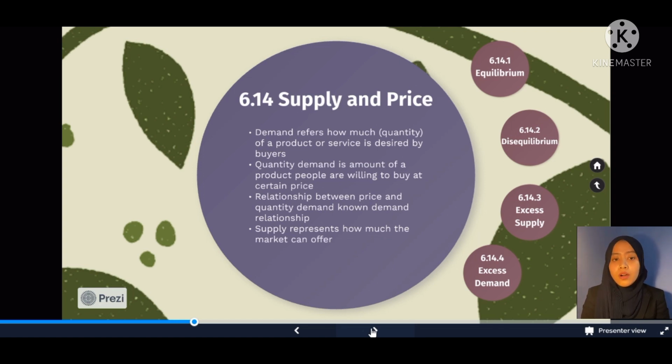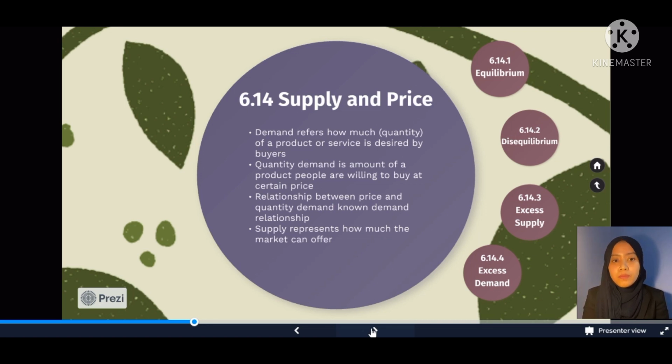Supply represents how much the market can offer. When economists talk about supply, they mean the amount of some good or service a producer is willing to supply at each price.